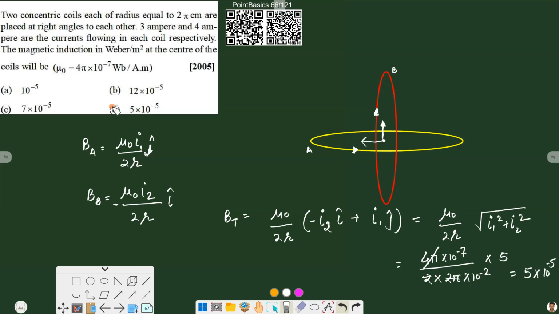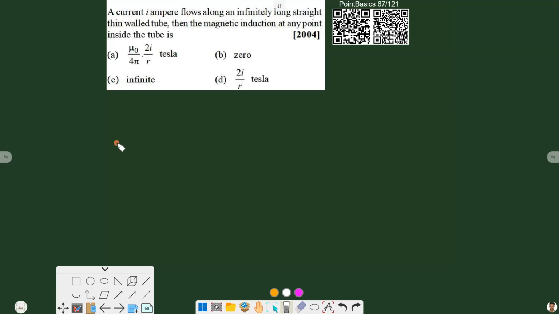Moving to the next one. Current I ampere flows along an infinitely long straight thin wall tube. The magnetic induction at a point inside is? We just solved this type of question, and as we already discussed in the previous one, in case of a hollow conductor the magnetic field will be 0. So the answer is option B.